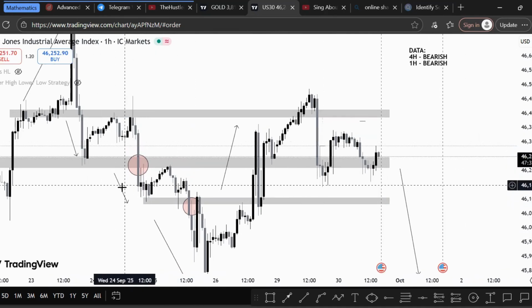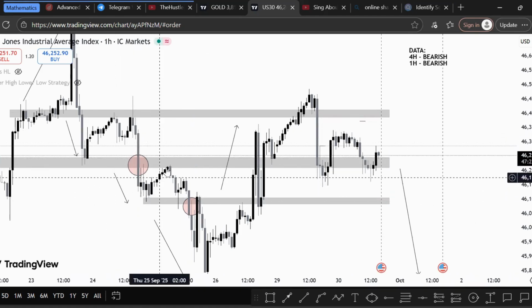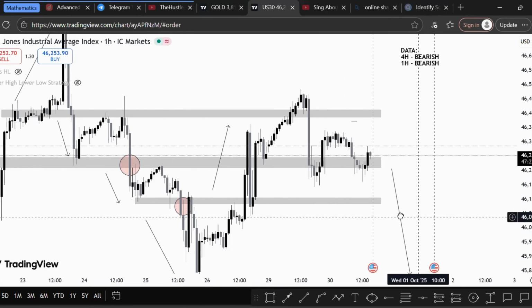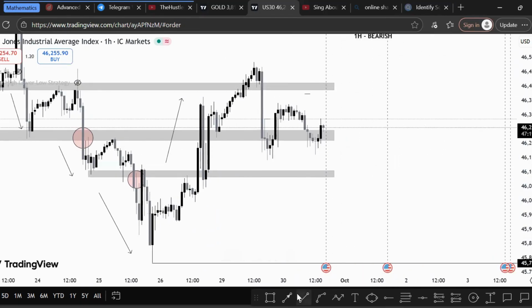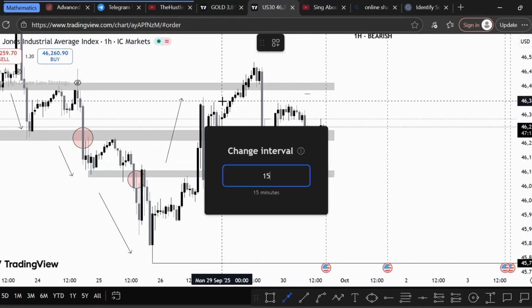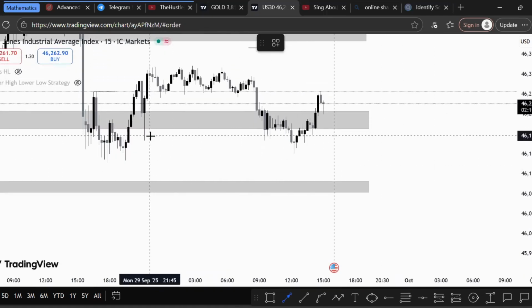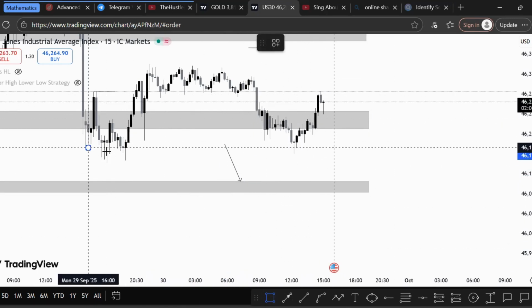Now we know that price below this indication, where it made this indication to create this lower low and this lower high and this lower low also, price below those levels is bearish. So whenever you're looking to take those entries, you would switch to say okay, because now we are here at this level and I know that price below this level would be bearish, I want to see a nice clean break below this and also below these levels that price bounced off.